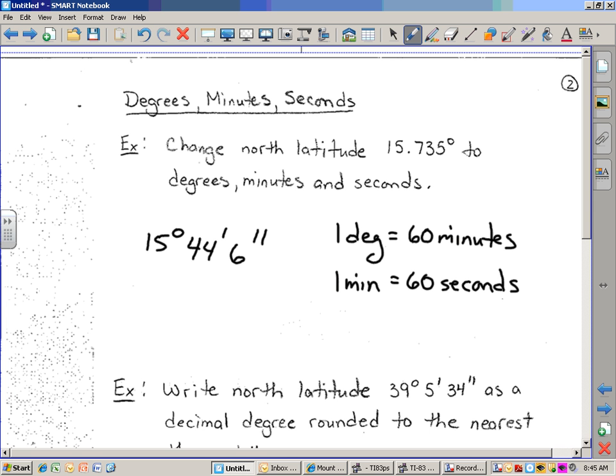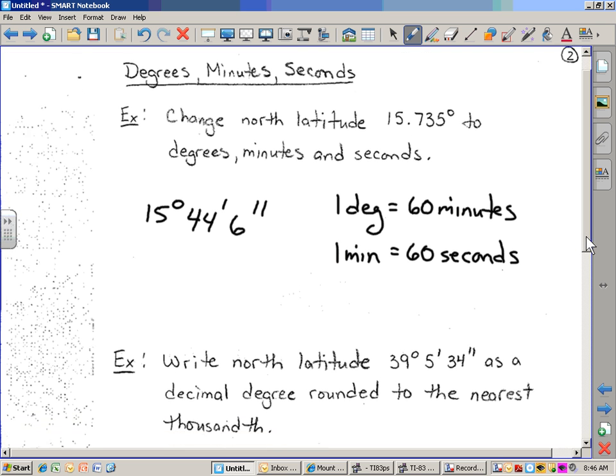But anymore, almost every person probably has a cell phone that has GPS, Global Positioning System, or maybe in the car, or a portable device, GPS, where it tells you exactly what latitude and what longitude you are at. And you actually have options. The GPS that I have can be decimal, it could be minutes in decimal, or it could be degrees, minutes, and seconds. You have that option to choose.